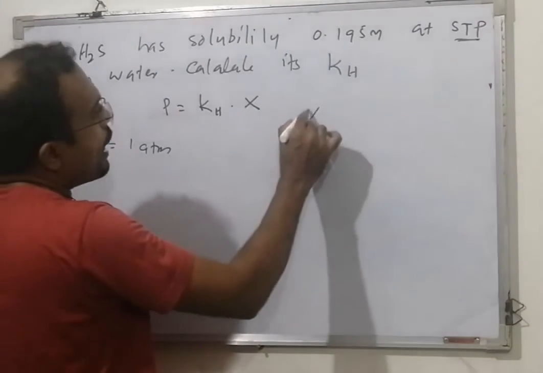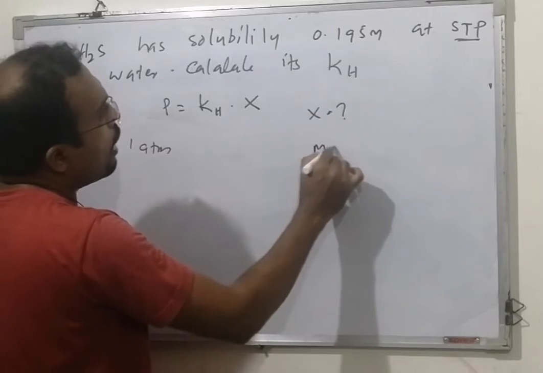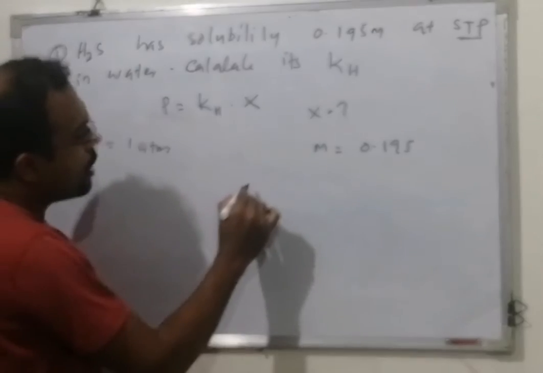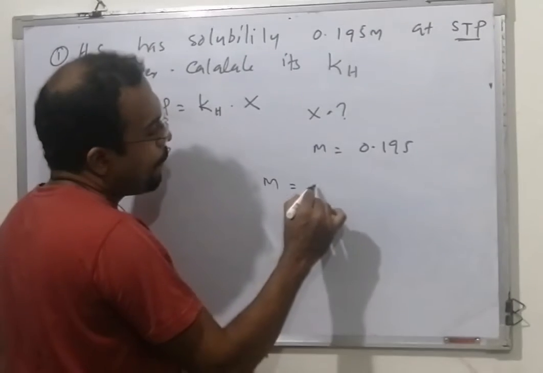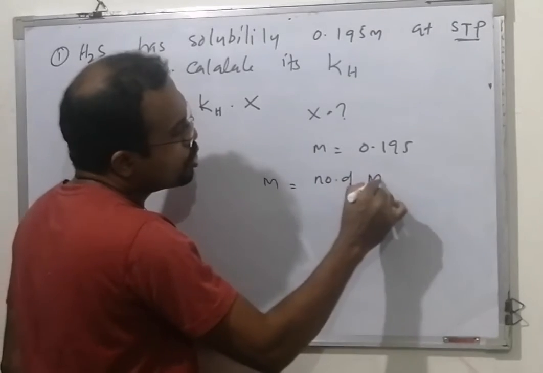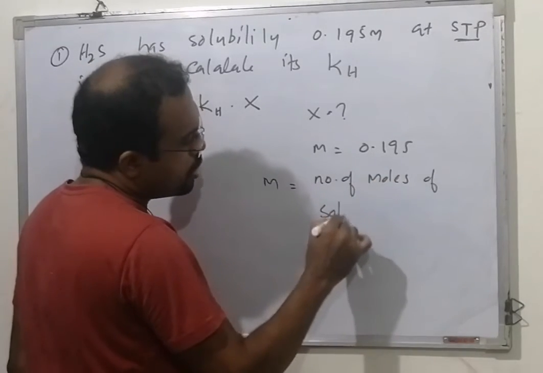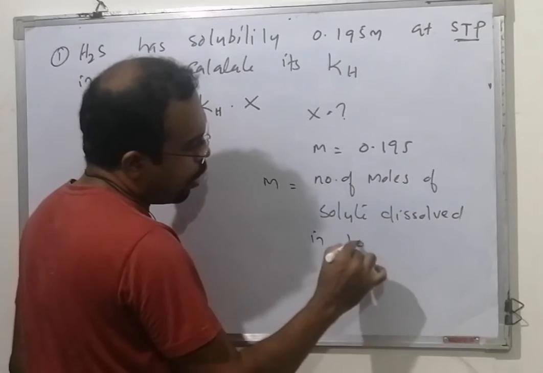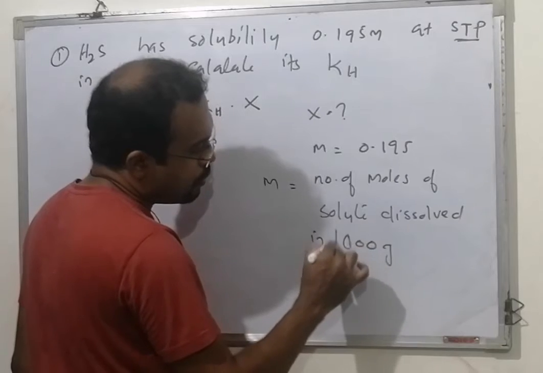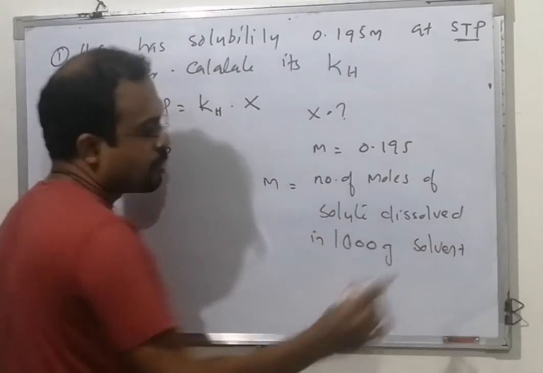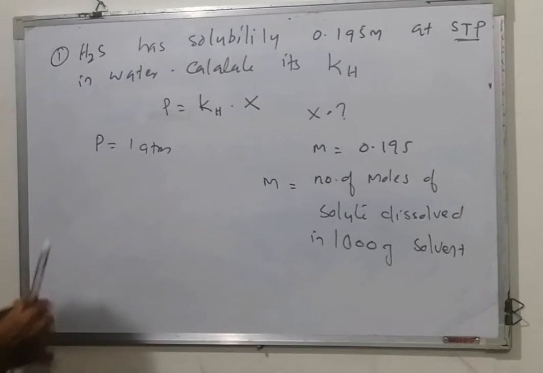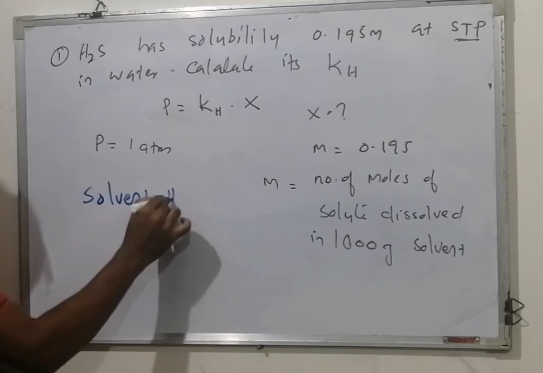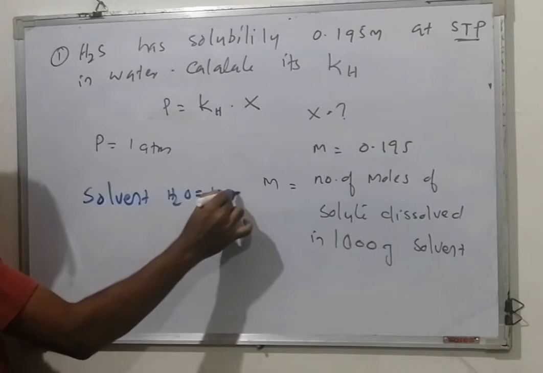Now you know what X is, but you have been given molality 0.195. Molality means the number of moles of solute dissolved in 1000 gram of solvent. Here the solvent is water, its mass is 1000 gram.